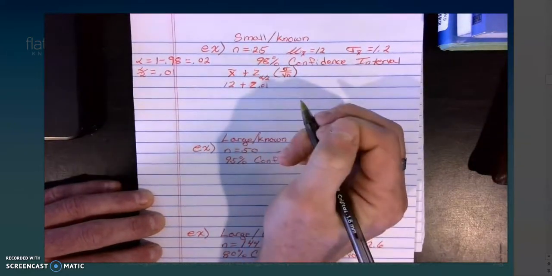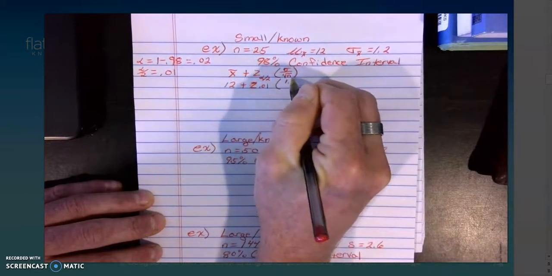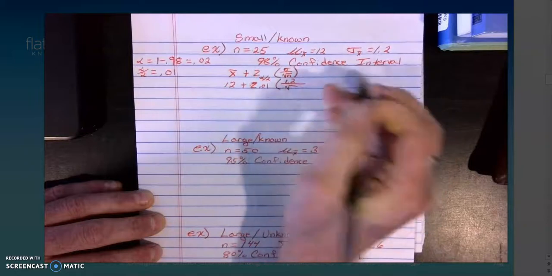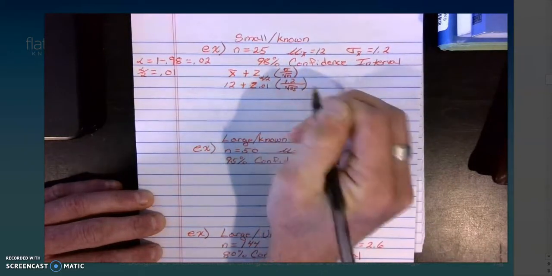And then we're going to multiply this by our standard deviation, which is 1.2, divided by the square root of n, which is 25. Okay.